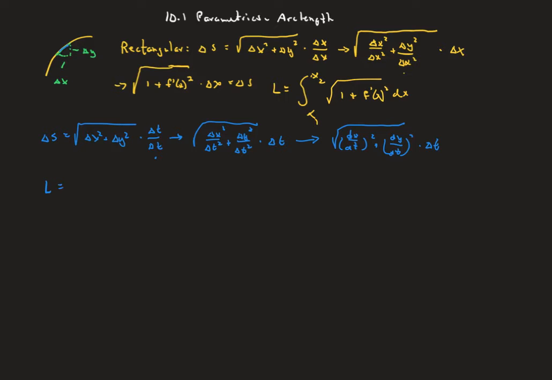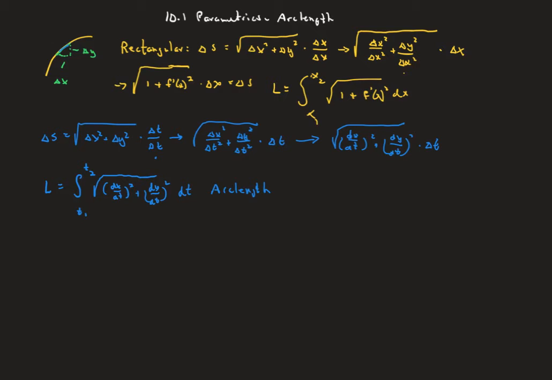So the entire arc length becomes an integral, and we go from some t value to another t value, as long as the curve doesn't overlap or cross over itself. You have to be a little careful of that when we're in parametrics. Then we get the derivative of x with respect to t squared plus the derivative of y with respect to t squared, and that delta t becomes a dt. So that is our formula for arc length in parametric form.